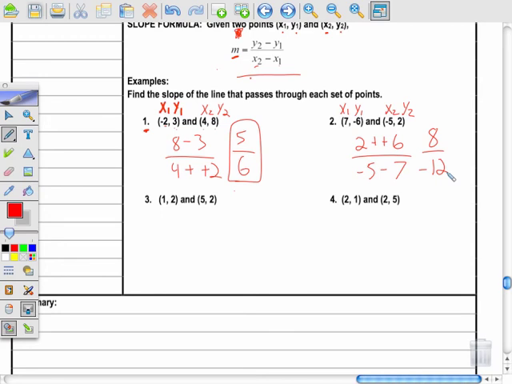You can reduce this down. You can always reduce these slopes. We can take a 4 out of each one, so that would be 2 over 3. It's negative. The slope is negative 2/3.